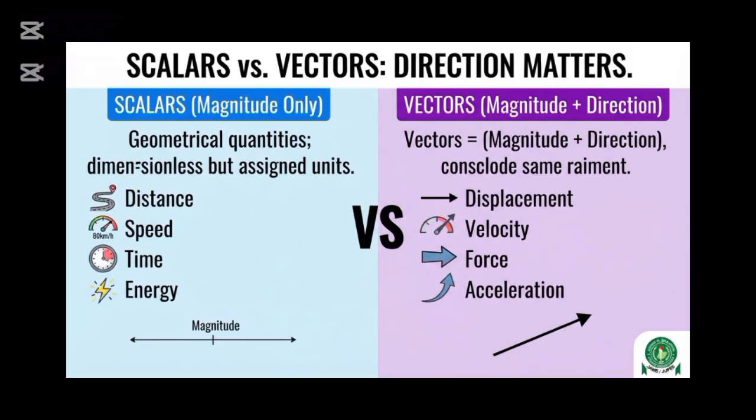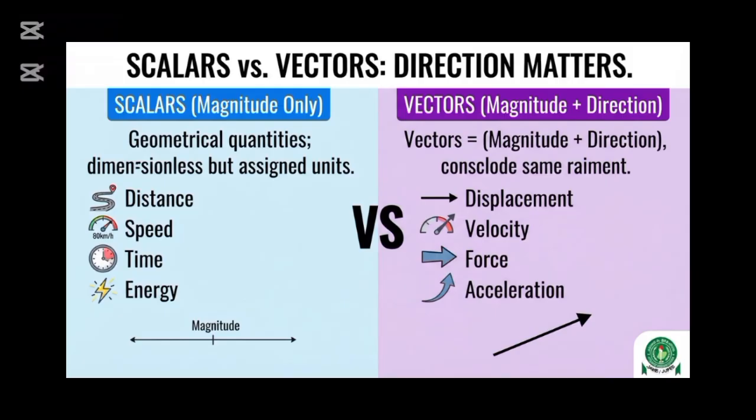You add them, subtract them, divide them, multiply them like you do ordinary numbers. But the vectors have both magnitude and direction, and they obey what we call the vector laws. Vector laws are more complex than simple algebraic manipulations. Examples include displacement, velocity, acceleration, and force.